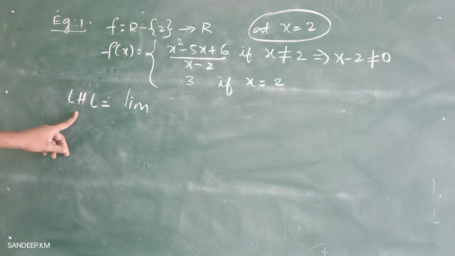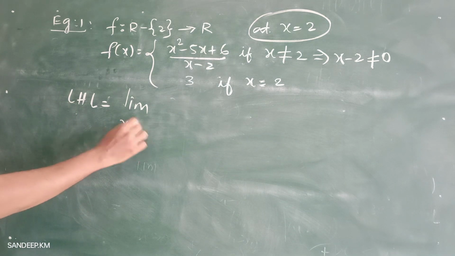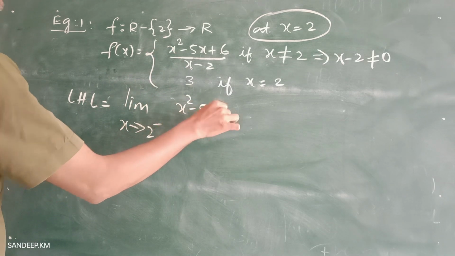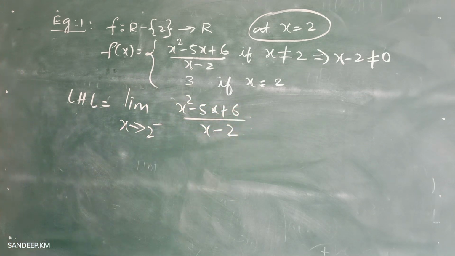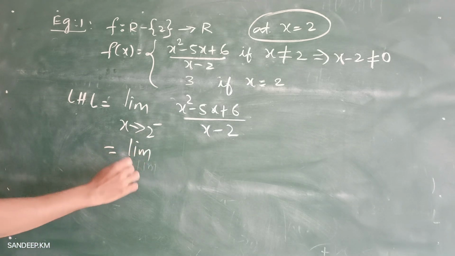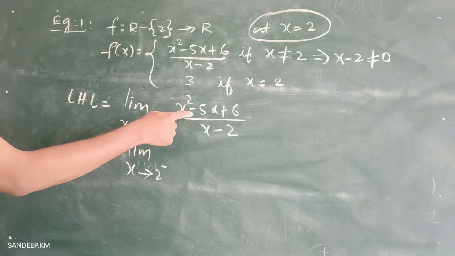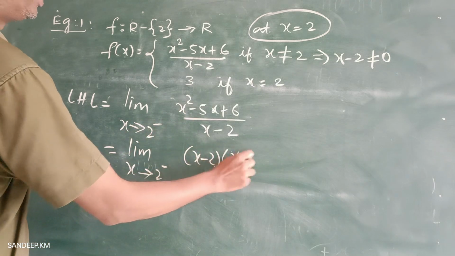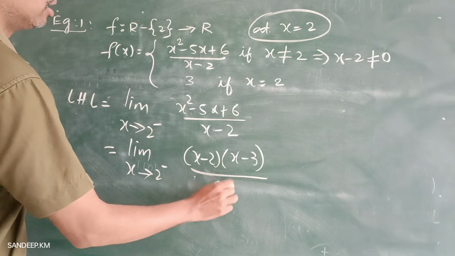So let me see what is left hand limit at x is equal to 2. X approaches 2 from the left side. The function is x square minus 5x plus 6 whole divided by x minus 2. In the next step, we will write the factorized form of numerator, which is x minus 2 into x minus 3 whole divided by x minus 2.